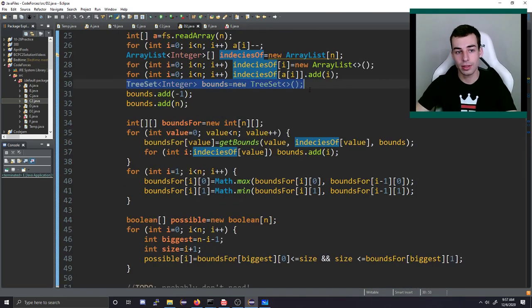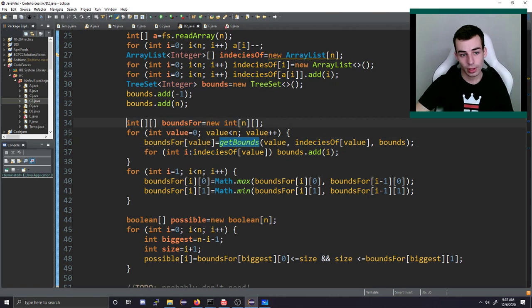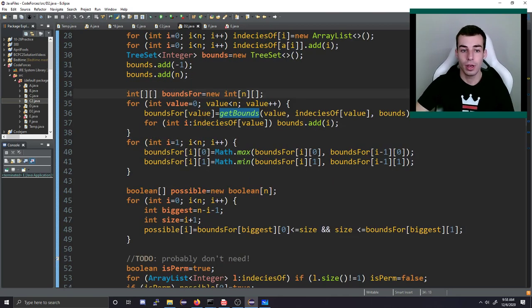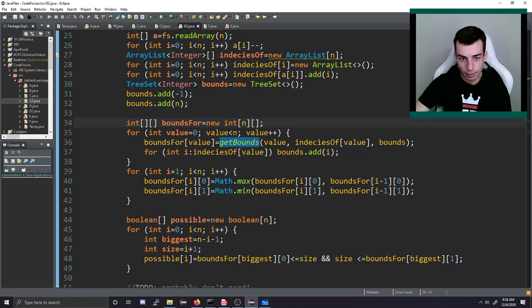I also have this tree set of all of the indices which have a number smaller than what I'm looking at. And I maintain this as I process all of the numbers. Then for each number, I maintain the tree set, but also I work out the minimum and maximum, and then I store that as the bounds for this particular number.